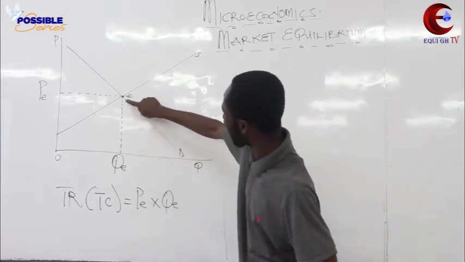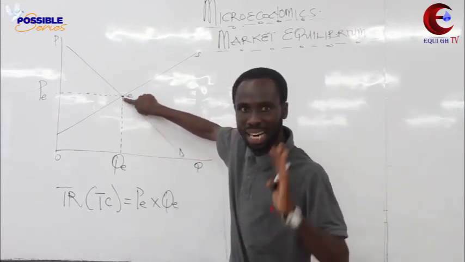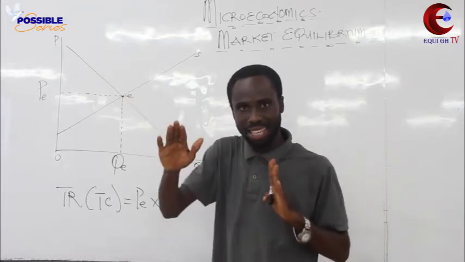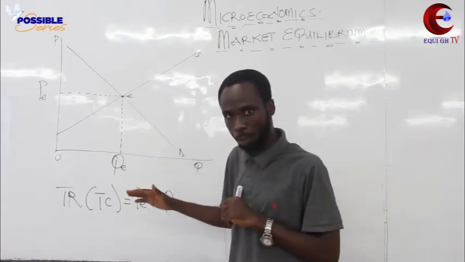Now, we are saying that at the equilibrium point, the market is cleared. There is nothing like shortage or surplus.